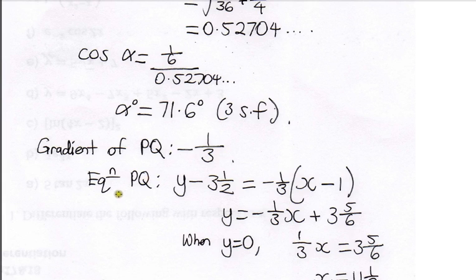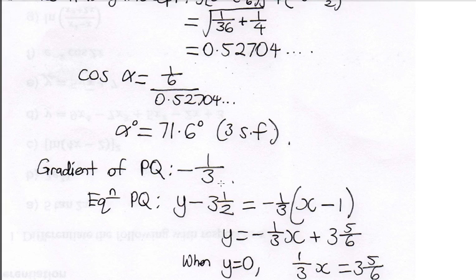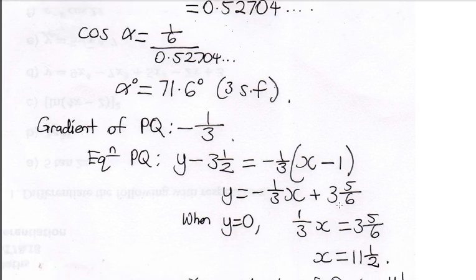So from there, we can find the equation of PQ by simply using the coordinate of P. So y minus 3.5, which is the y coordinate of point P, equals negative 1 over 3, which is the gradient which was found, times x minus 1, 1 being the x coordinate of the point P.